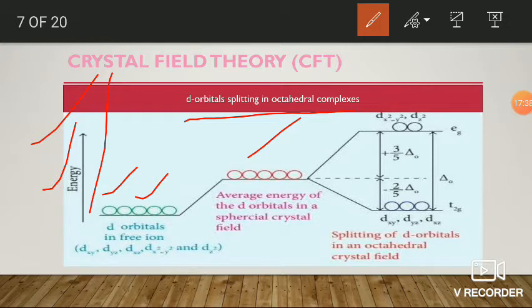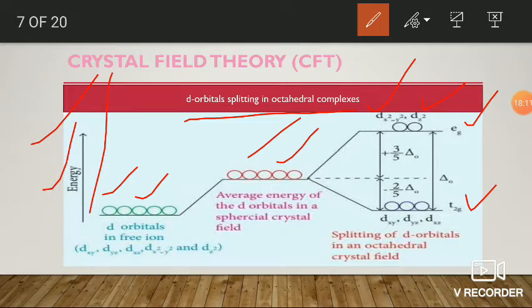Okay, this higher energy level d orbital, after the approach of ligands closer to the central metal ion, splits into different sets based on the repulsion values. In the case of octahedral complexes, the 3d orbitals split into two sets. One is the EG set, the second one is the T2G set. Here the EG set is two d orbitals, that is dx square minus y square and dz square.